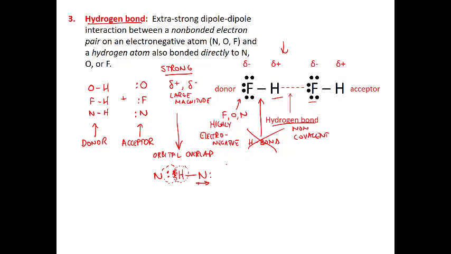Another thing to notice about hydrogen bonds is that they are stronger if they are straight. What I mean by that is this. Let's say that this is our donor and this is our acceptor. All right, so notice that this one, all three atoms are in a straight line. This is going to be stronger than a hydrogen bond that looks like this.